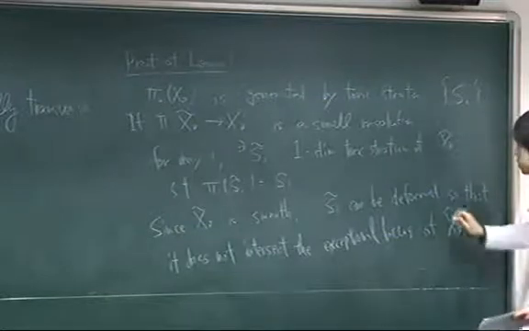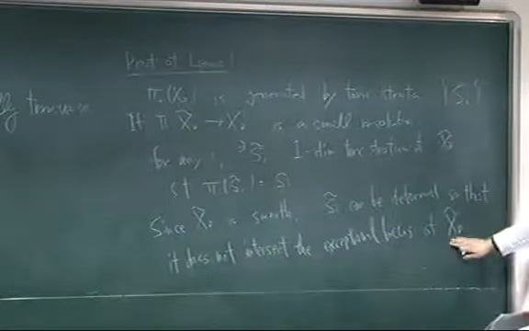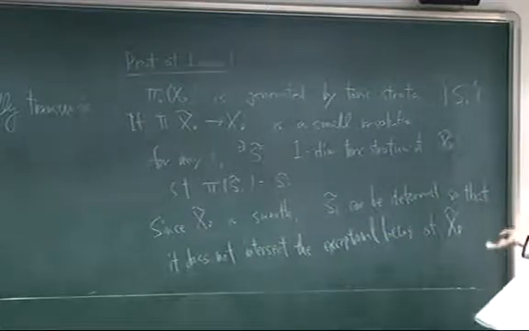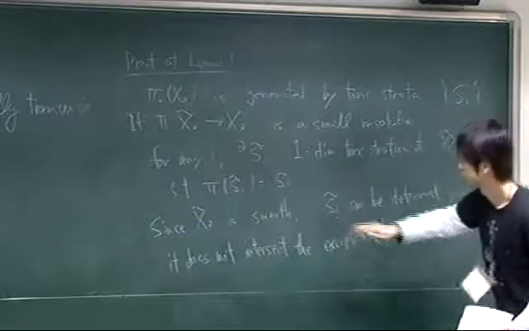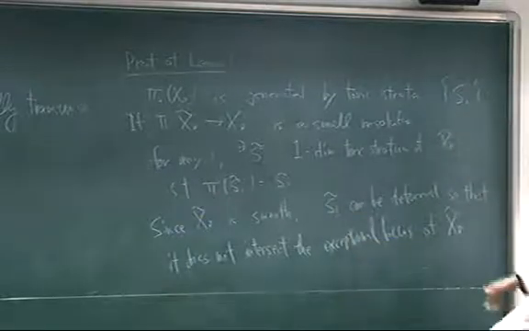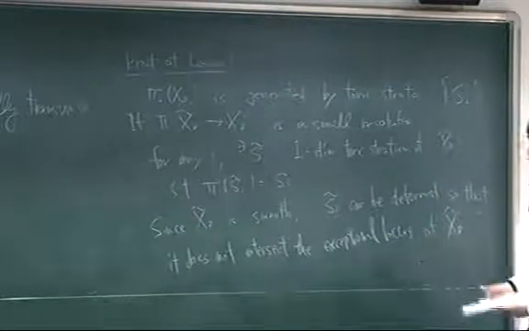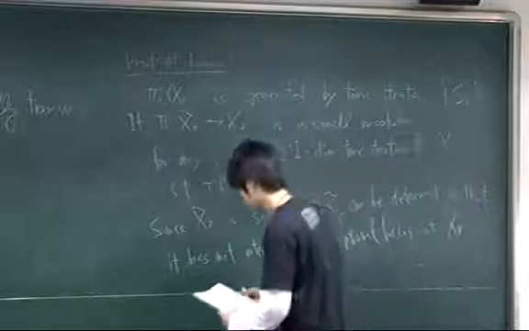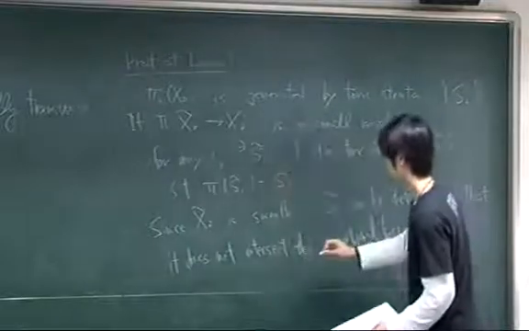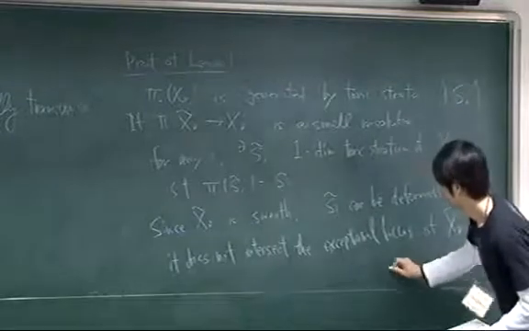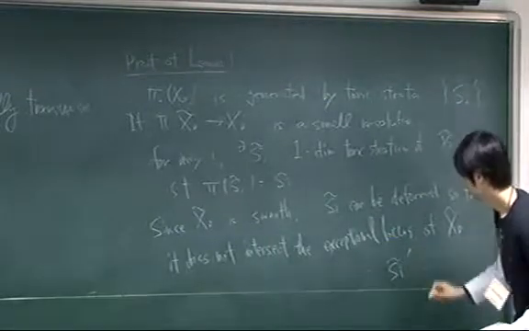This is because the resolution is small, and the exceptional locus has real codimension greater than or equal to 4, while this is 2-dimensional. So this can be homotopically deformed so that it is disjoint from the exceptional locus. And let S_i tilde prime be the deformed curve.